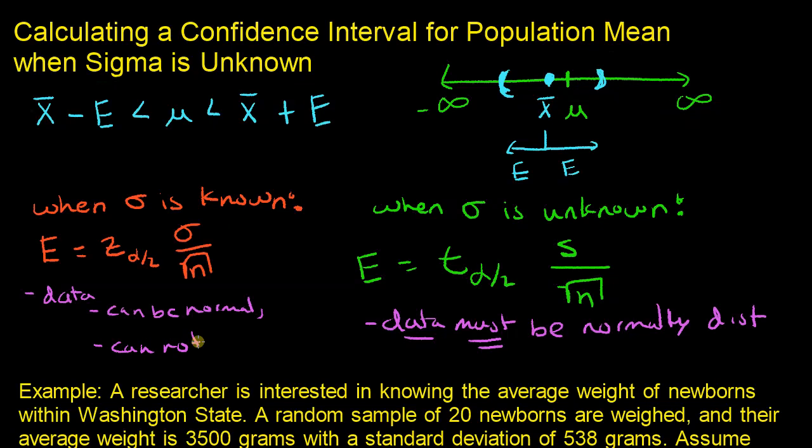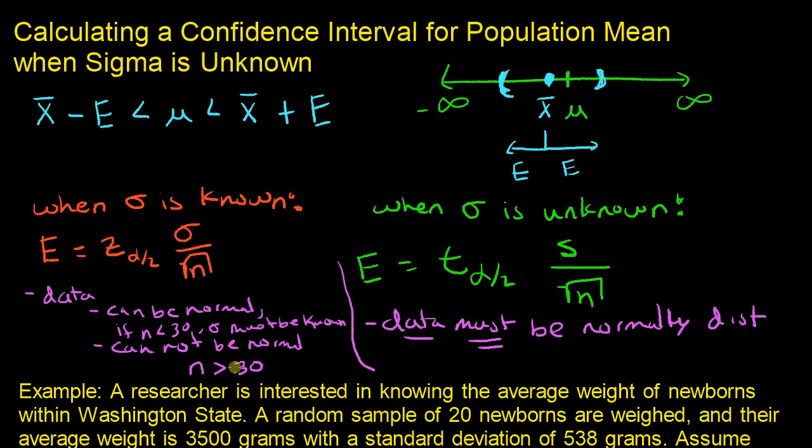If it was not normal, the sample size would have to be large, greater than 30. If it was normal, it doesn't matter if the sample size is large or small. But if the sample size is small, so if n is less than 30, sigma must be known from some sort of outside resource. The population standard deviation must be known.